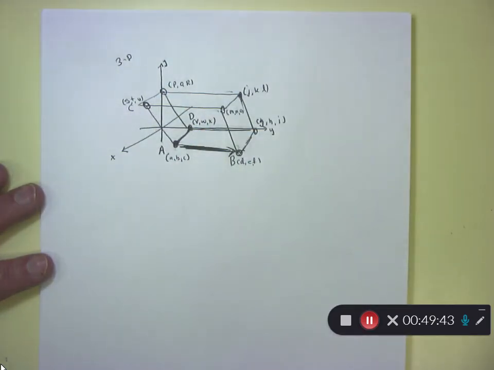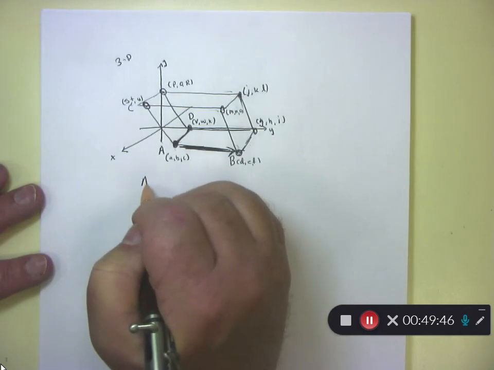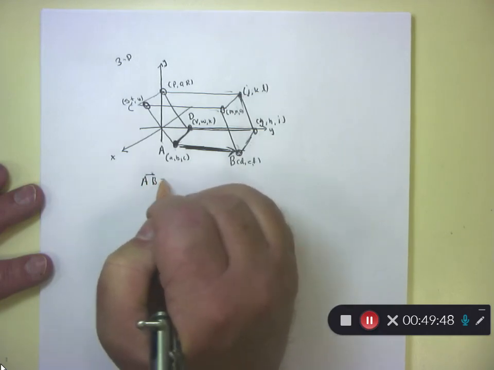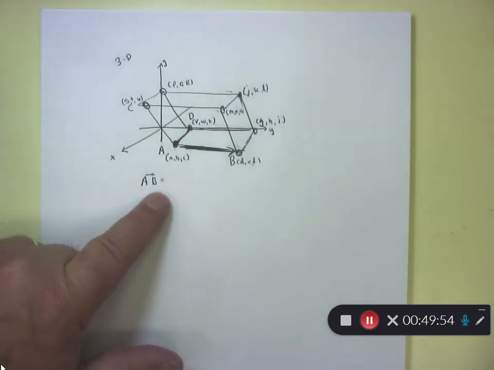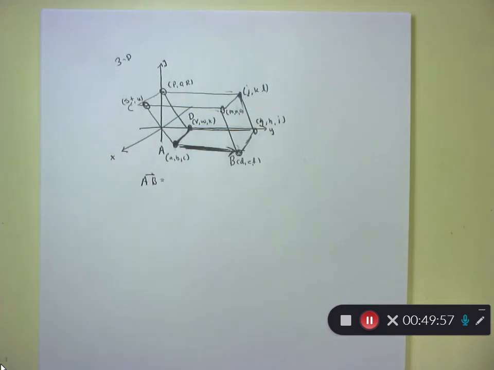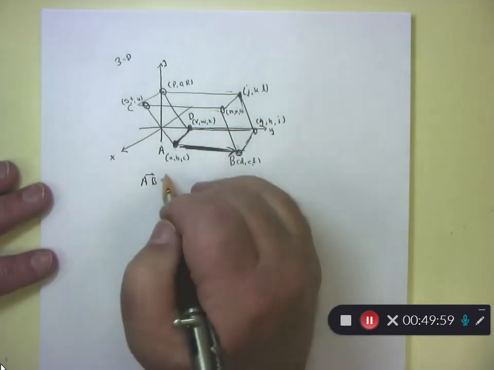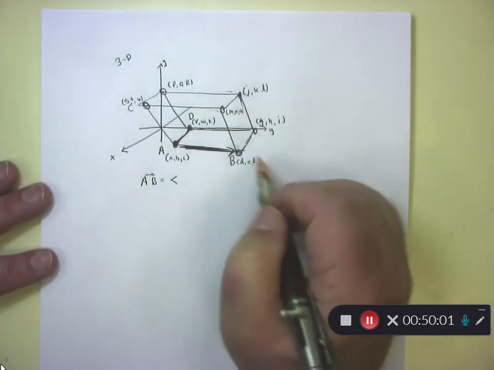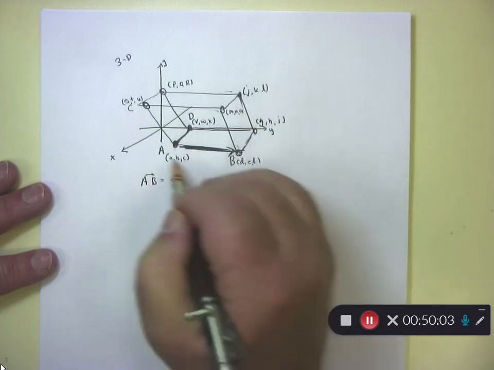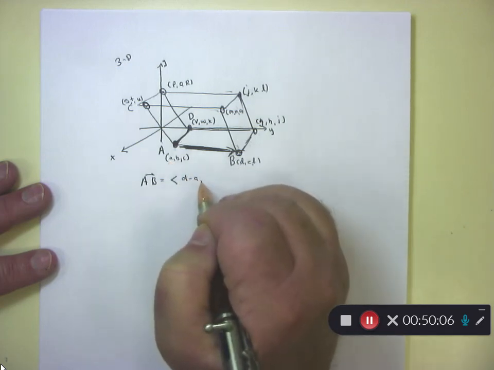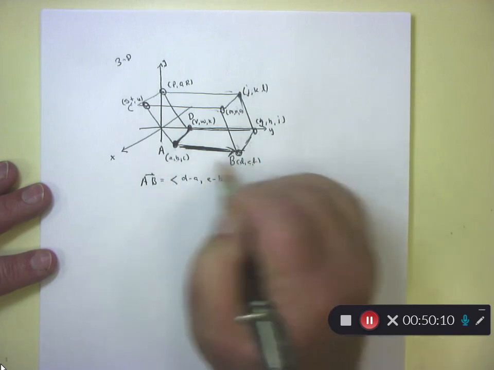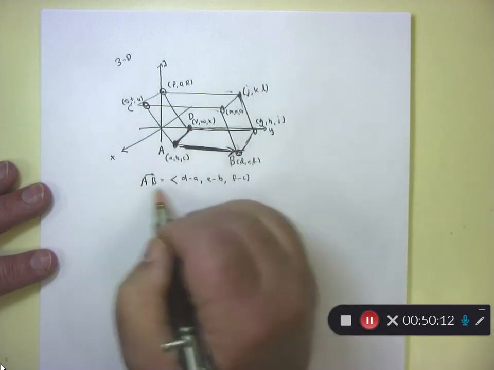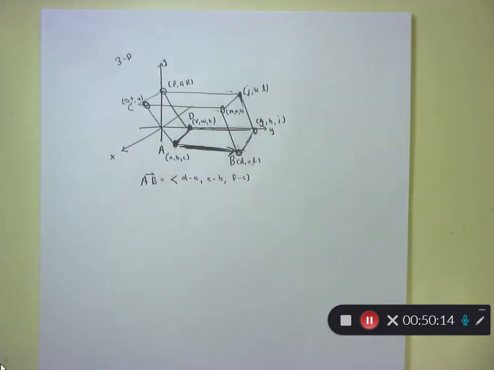Okay? So, how do I create the vector AB? Again, this is calculus 3 at its best. End minus beginning. You're going from A to B. To calculate the vector, you do B minus A. And these are components. You're going to create the vector, okay? I see D minus A, comma, E minus B, comma, F minus C. That creates one vector, okay?